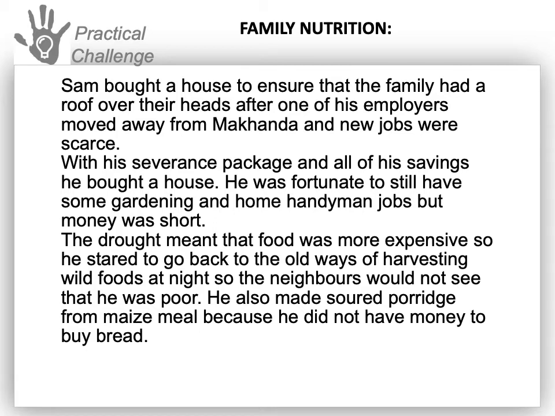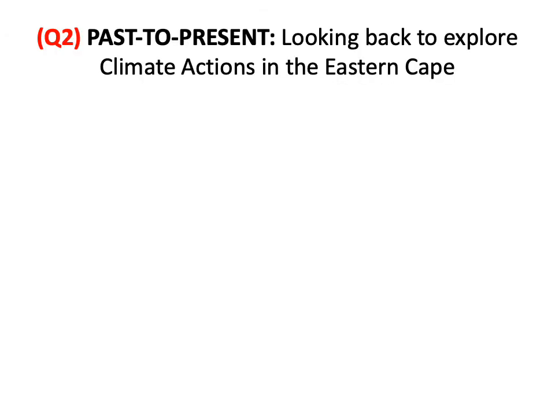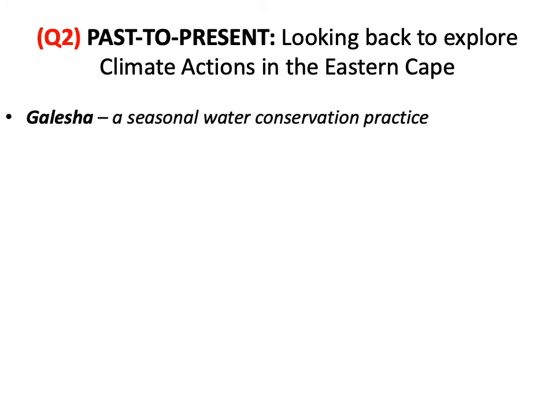So there we have the 4 stories, and what we can do now is look back, and if you can imagine a class having explored the climatics, the culture, and these stories, the idea would be, how do these things fit together?